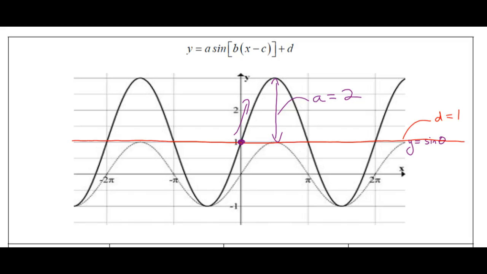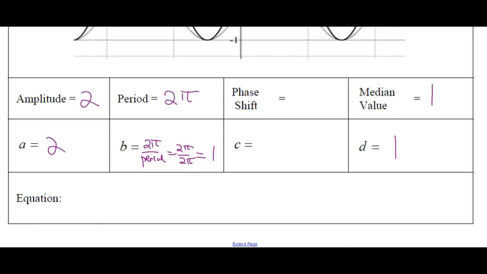Okay, so close. So if it was over here, that's where it started. If it was over here, we would say it was shifted left, shifted right. This is not shifted, right? So phase shift is none, and the c value is 0. Okay, so phase shift is none, or we could say 0.